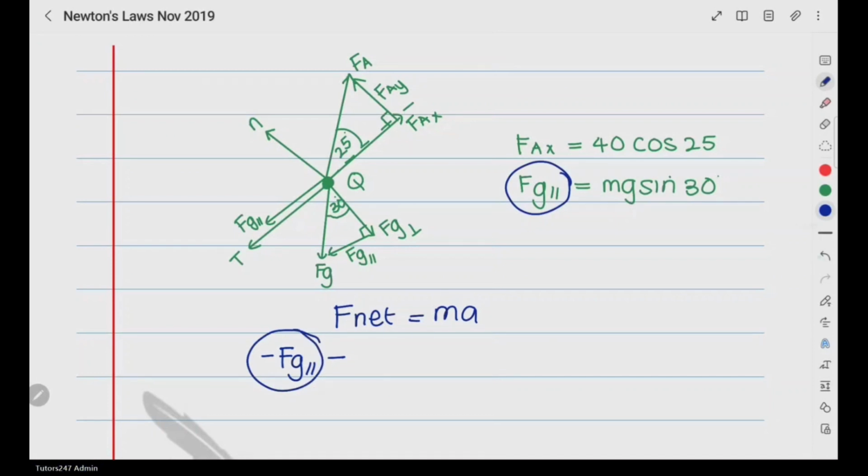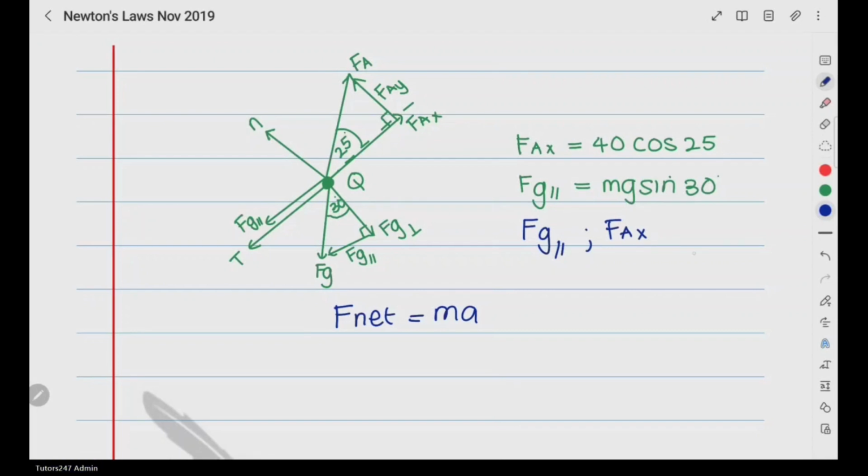Yes. Okay, let's do this. What forces are acting in the horizontal direction? Give me a list of them. It's Fg. Which one? Fg parallel, perpendicular, or Fg itself? Fg parallel. Yes. Then we have also FAY. No, FAX.